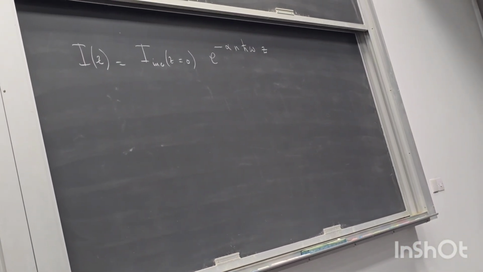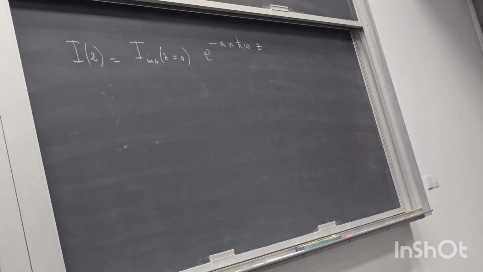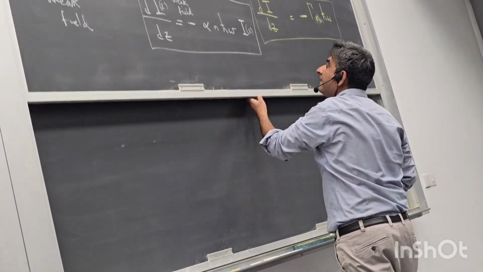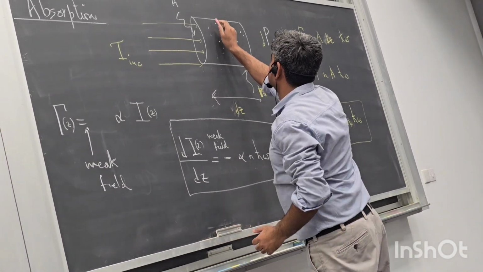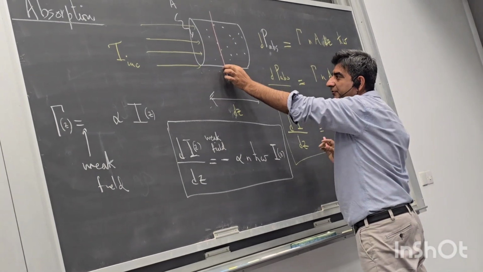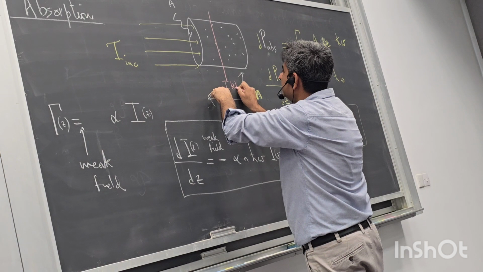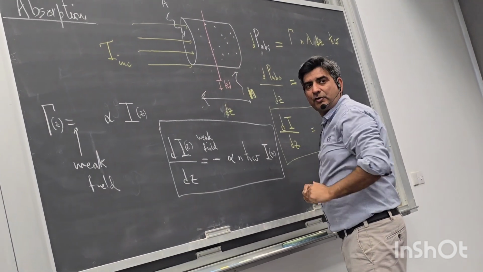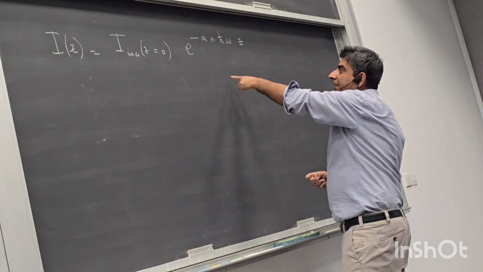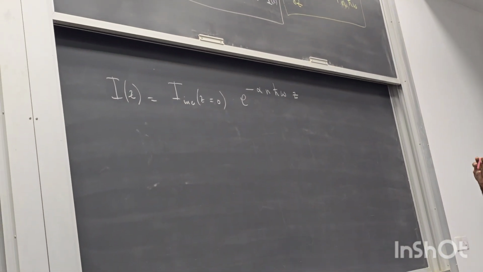This is the intensity at some section z. We've broken down this big chunk into small dz. So this is the I at any z, and this varies along the system, right? So this is my decaying intensity of radiation.